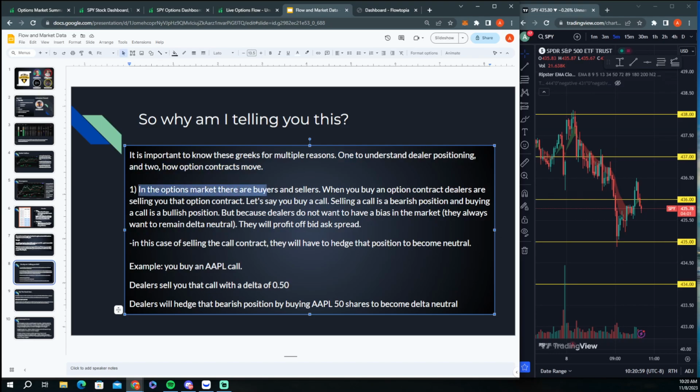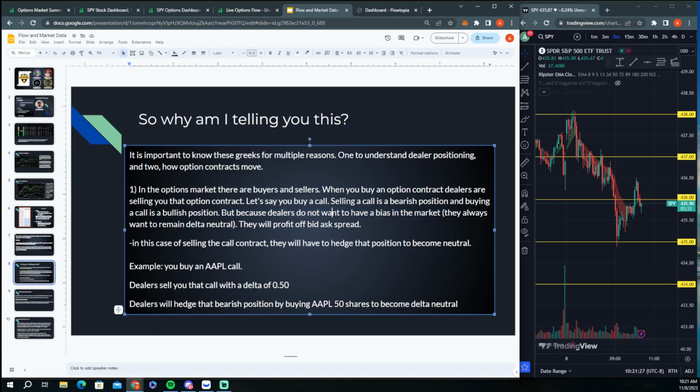So in the options market, there are buyers and sellers. You guys know that. So when you buy an option contract, there are dealers selling you that option contract. So let's say you buy a call. Selling a call is a bearish position, and buying a call is a bullish position. But because dealers do not want to have bias in the market, and that's important to note here, I highlighted it, they always want to remain delta neutral.